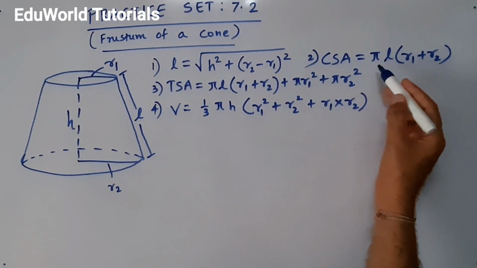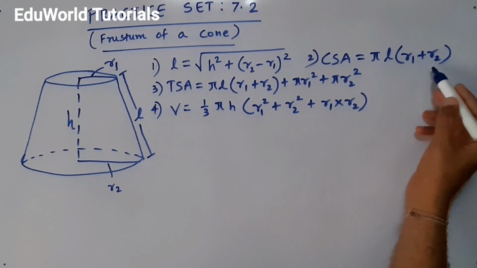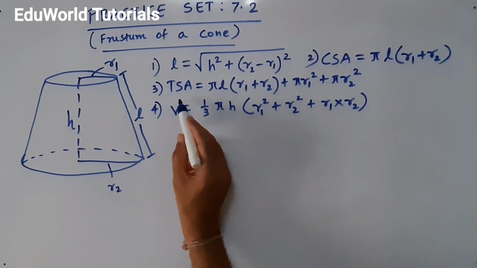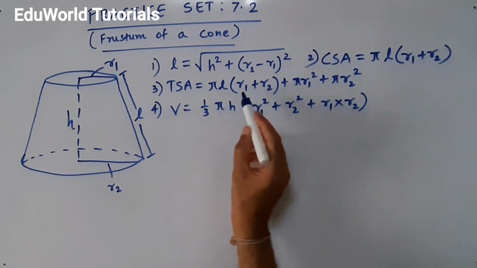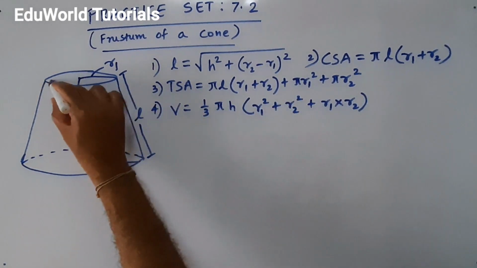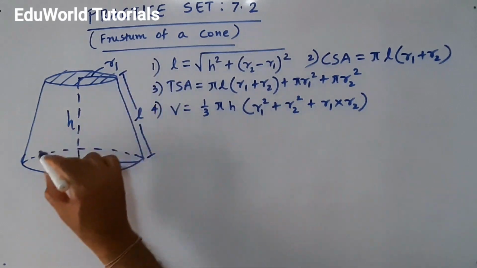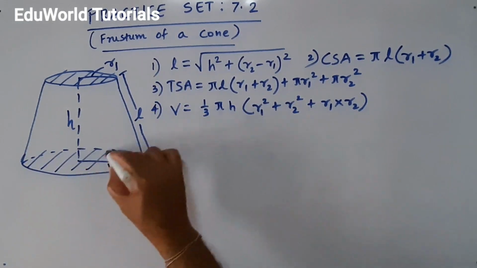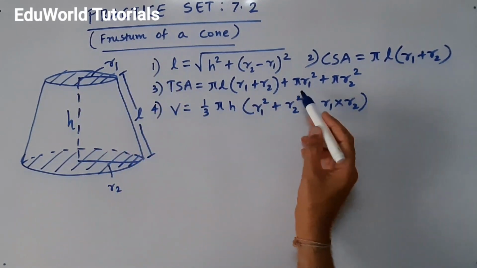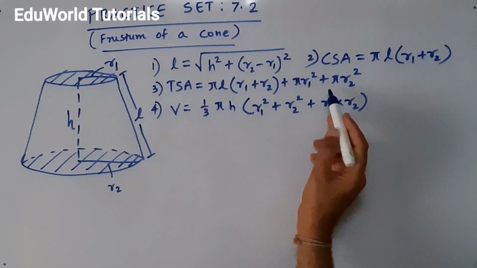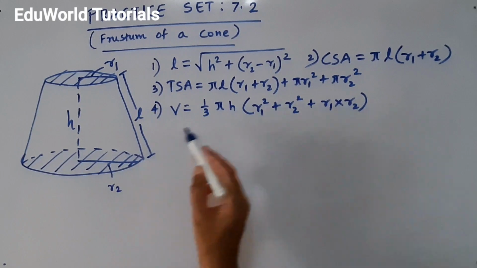CSA, curved surface area, is pi L times the sum of the two radii, R1 plus R2. Total surface area is the curved surface, that is pi L (R1 plus R2), plus the upper circular surface and the lower circular surface. We know that for a circle the formula is pi r square. So pi r1 square for the upper surface plus pi r2 square for the lower surface.